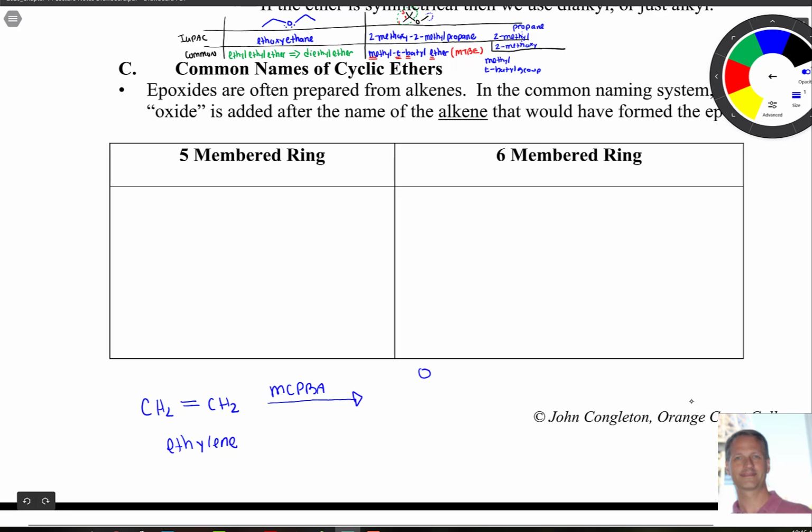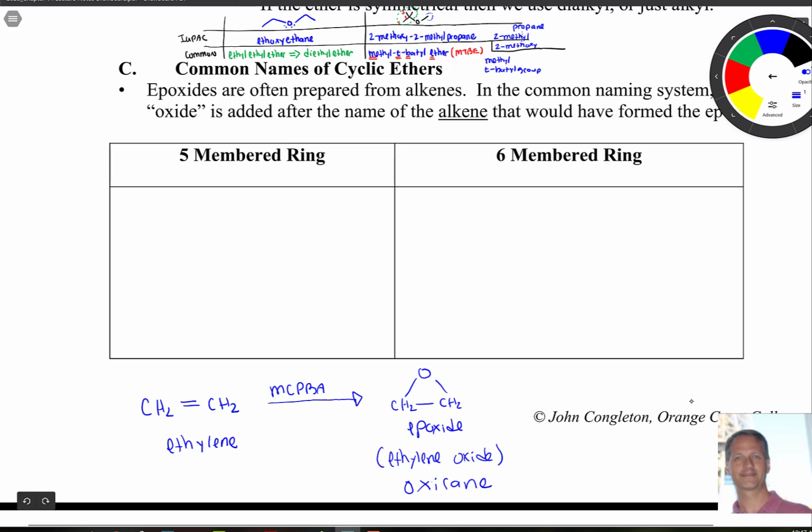And when we did that, we ended up getting this compound. And we called this an epoxide. It went by another name that we pointed out back in that lecture, which was ethylene oxide. And it has one other name. It is called an oxirane.